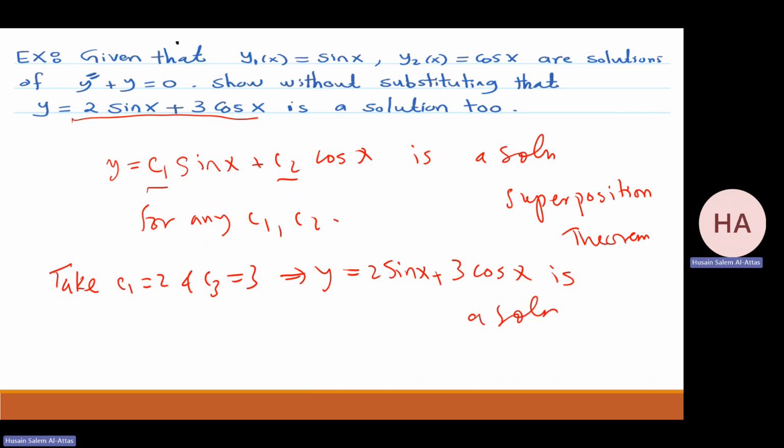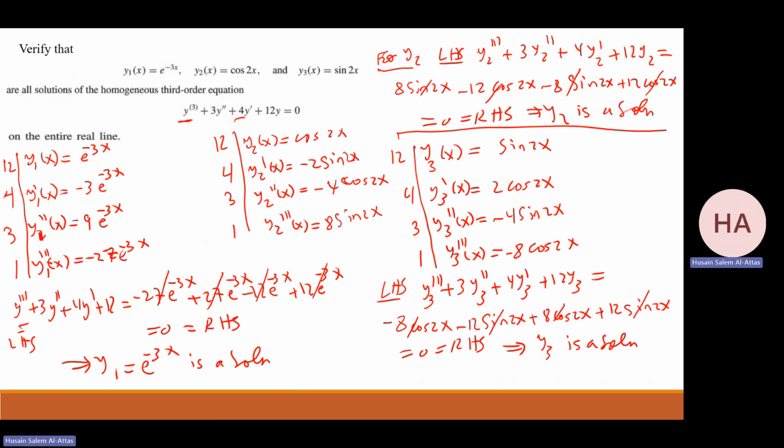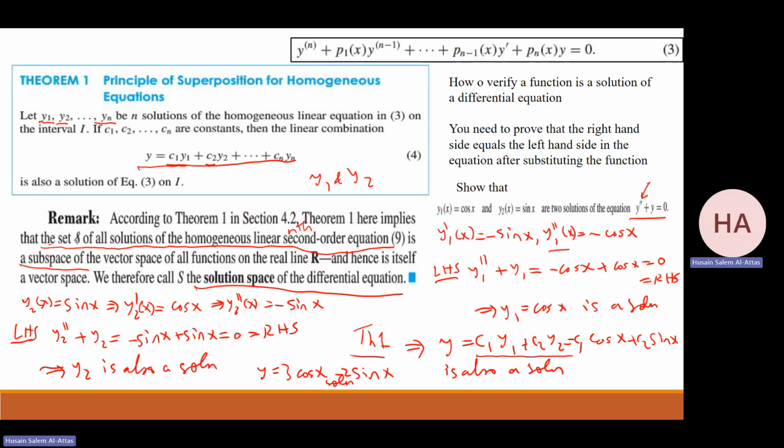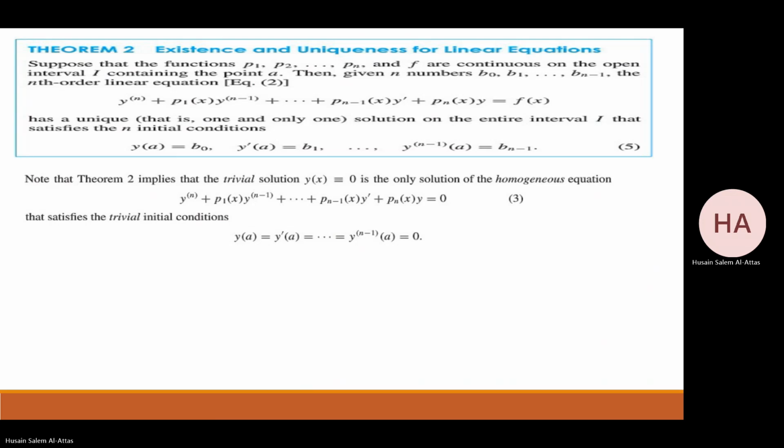So I proved that without substituting, because you said, given that these are solutions of the differential equation. Okay, this is to make sure we understand the superposition principle, and also how to verify a function is a solution of the differential equation. Okay, this is what we did up to now.